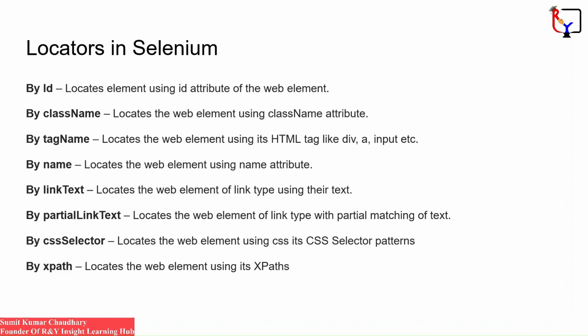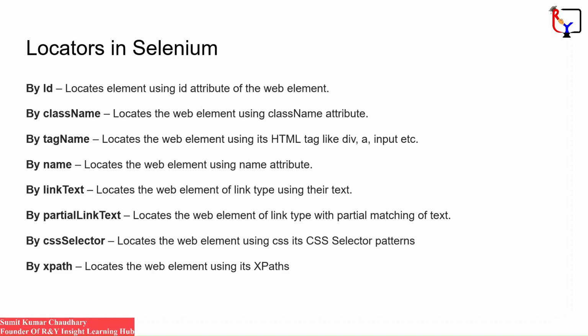By ID locator locates the element using the id attribute of the web element, and by class name locates the web element using the class name attribute. By tag name locates the web element using its element tag, like div, a, input, button, and so on. By name locates the web element using the name attribute.